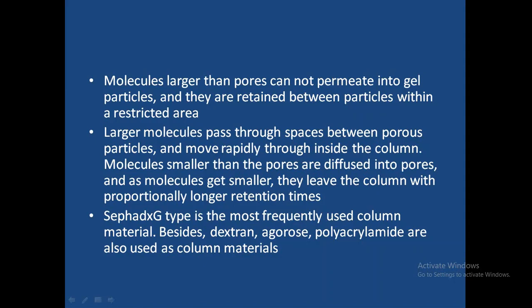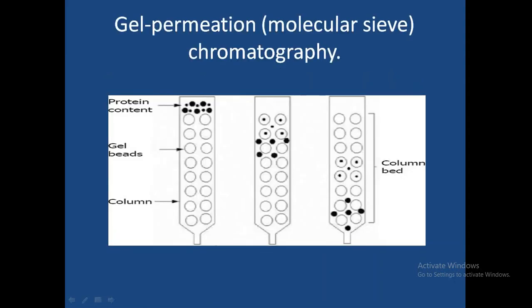Sephadex G type is most frequently used column material in this gel permeation chromatographic type. Besides dextran, agarose and polyacrylamide gels are also used as column materials. And this is a diagram showing gel permeation chromatography, otherwise named as molecular sieve chromatography.